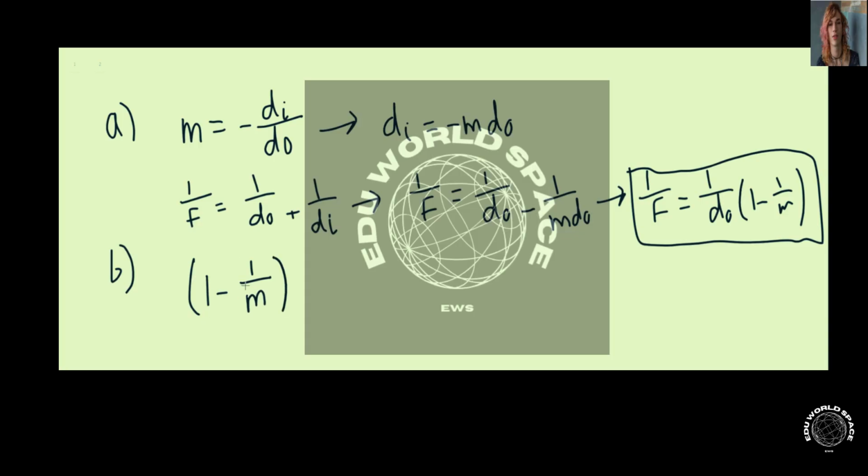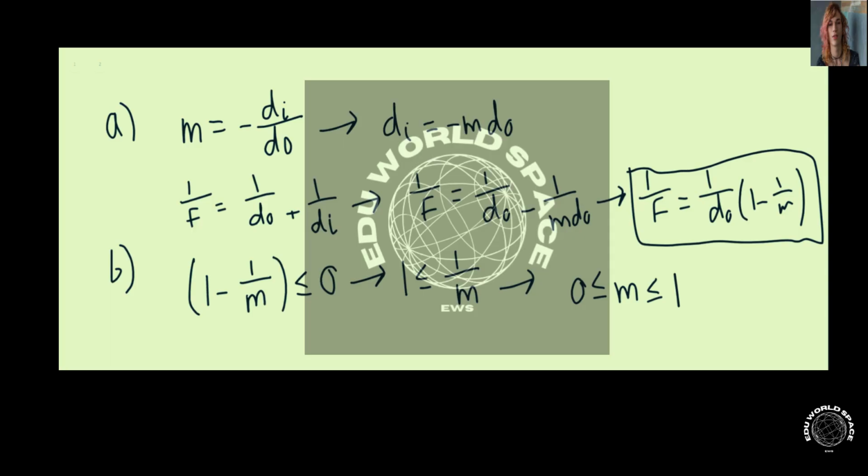So just to quantify what I just said there, 1 minus 1 over m is always less than 0. Thus, 1 is always less than 1 over m. Thus, m is between 0 and 1.